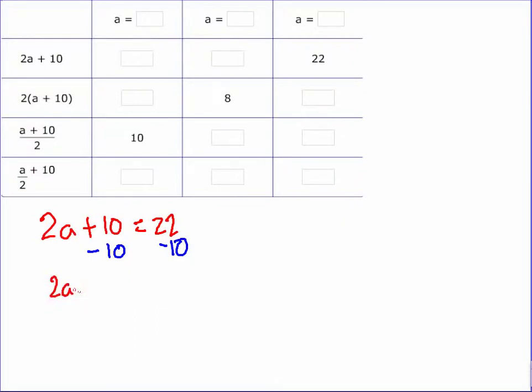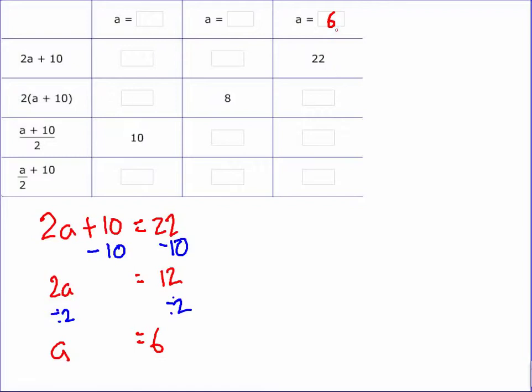So 2 times A equals 12, and I'm going to divide both sides by 2 because I have 2A. And A equals 6. So that means up here I can write A equals 6.